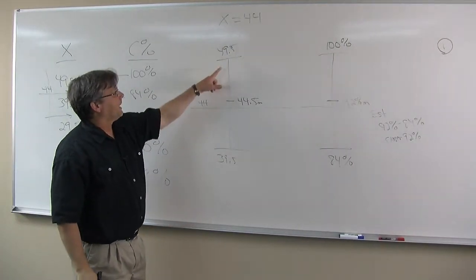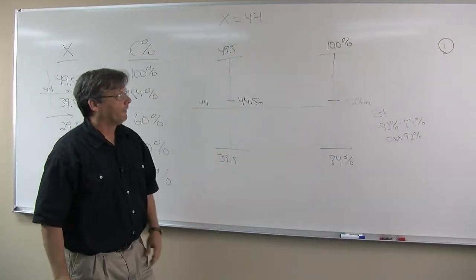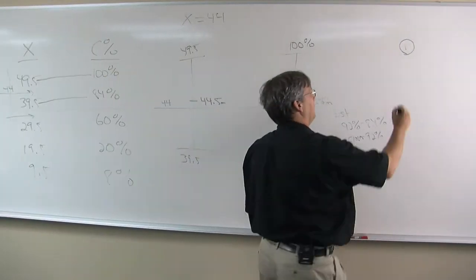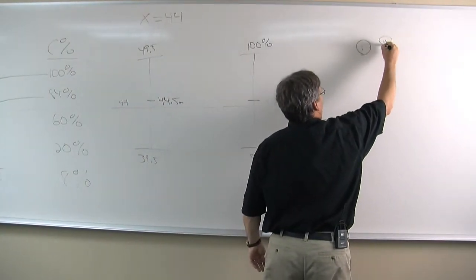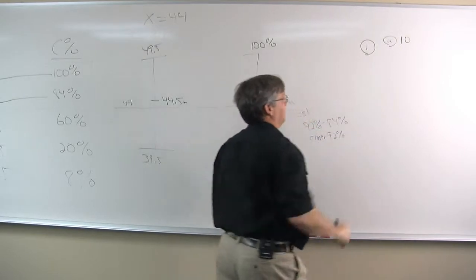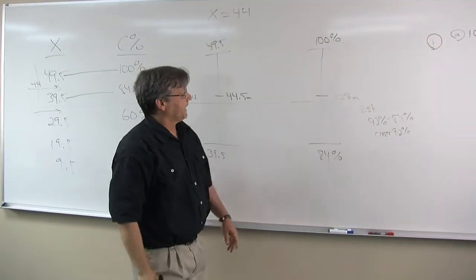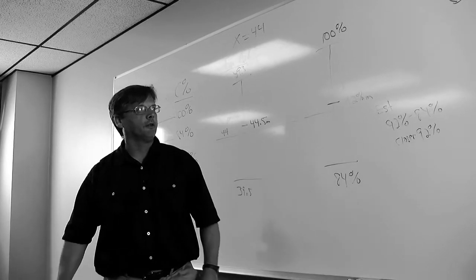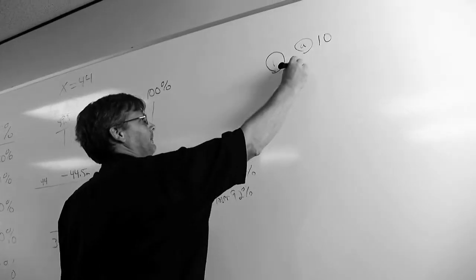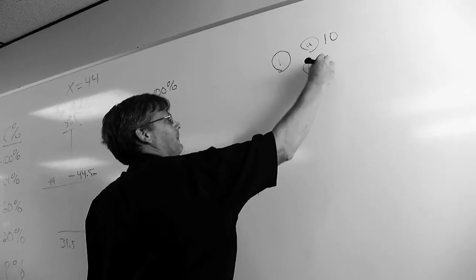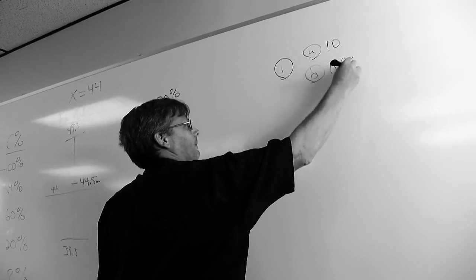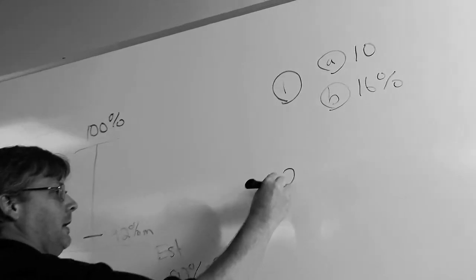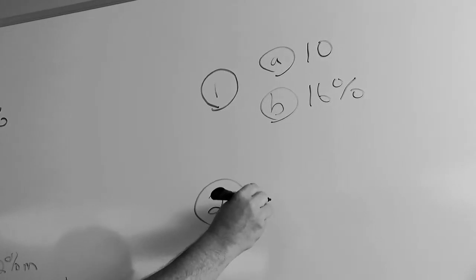So from 49.5 down to 39.5, we have an interval width of 10. For the cumulative percentage scale, from 100% all the way down to 84%, a difference of 16%. Then in step 2, we get to the all-important decimal.